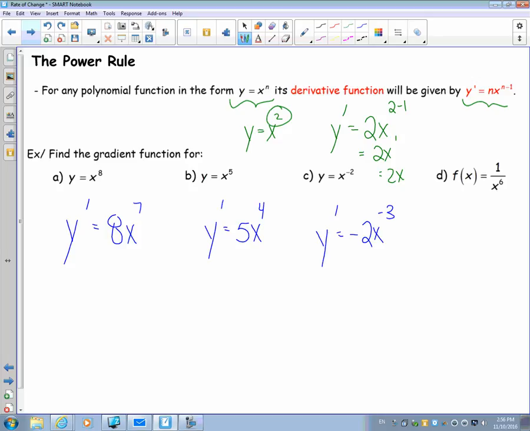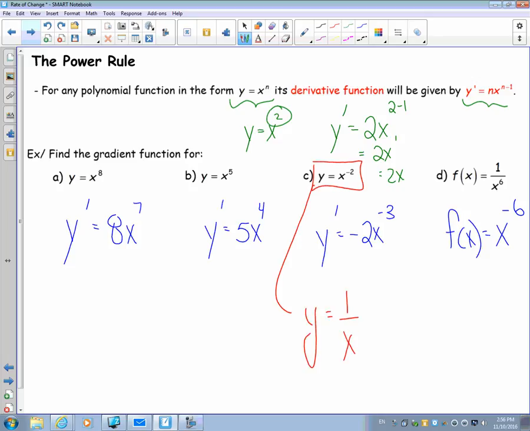We're going to go back to grade 11 math and think about exponents for a second. You might recall in grade 11 we learned that if you have an exponent on the bottom, you can bring it to the top and make your exponent a negative. In the previous question, when I had y equals x to the negative 2, that really meant y equals 1 over x squared. I just wrote it in a nicer form. Why did I write it in a nicer form? So I can do my derivative.